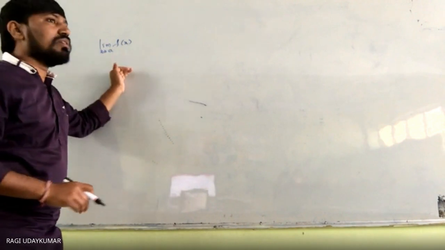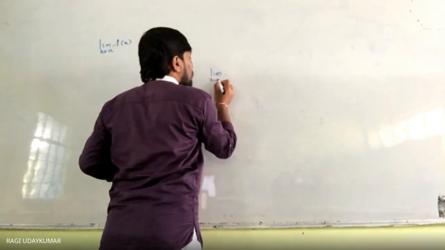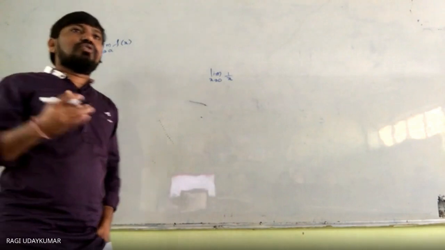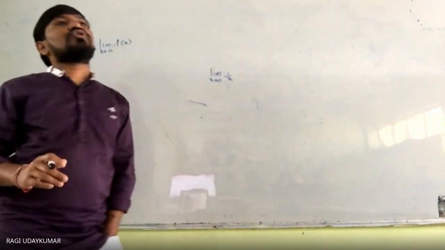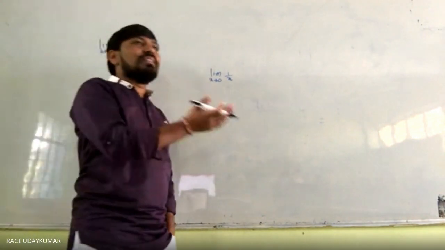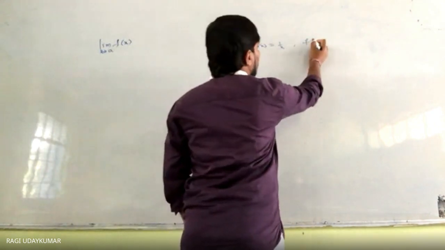Normally, the general mistake done by students is with limit x tends to 0 of 1 by x. Whenever limit based questions are given, they just directly substitute. No, that is not the meaning of the limit. If that were so, I can ask you: if f of x is equal to 1 by x, what is f of 0?